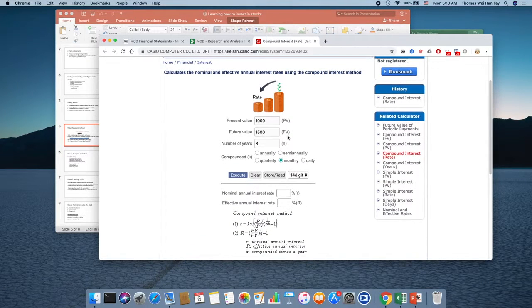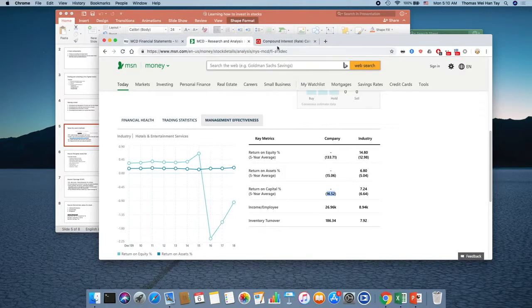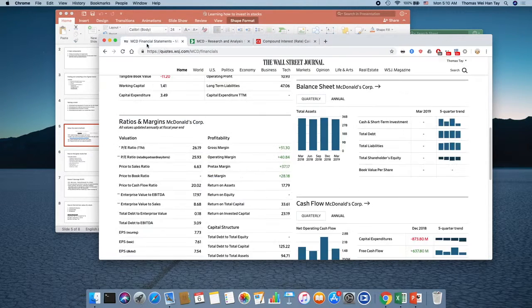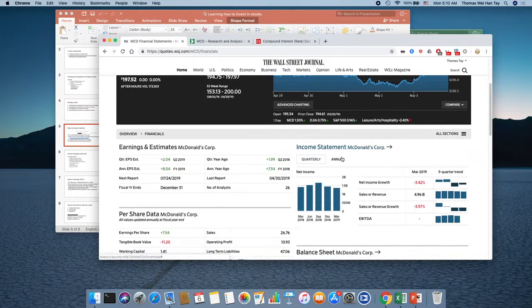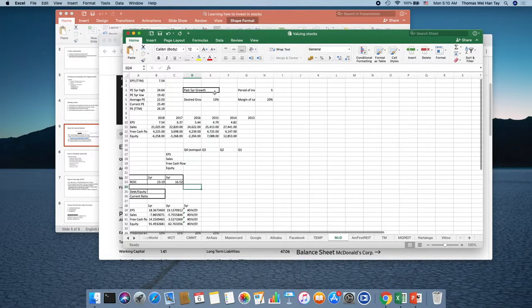Okay, so this is how you calculate the past 5-year growth using this calculator. So we go to Wall Street Journal and go to, oh, actually we can't because total equity is negative. I'm not really sure how this works then. That might not calculate the past 5-year growth then.